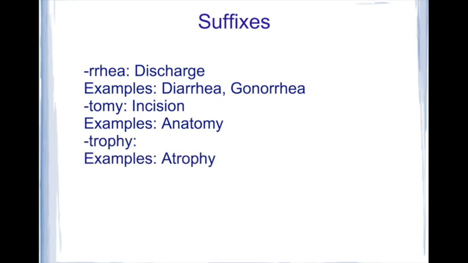What about trophy? The primary example is atrophy. So our muscles experience atrophy when they're not getting enough something. So it's not muscle degeneration. Our muscles don't degenerate when they atrophy. They might just get smaller in size because they are lacking a specific form of nourishment. And the primary nourishment for muscles is movement, right?